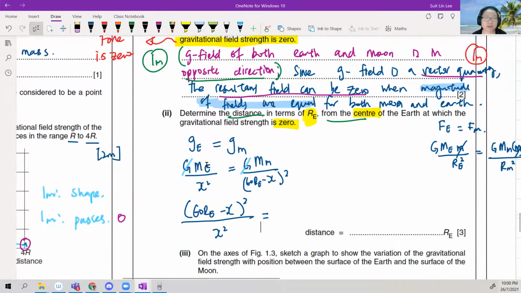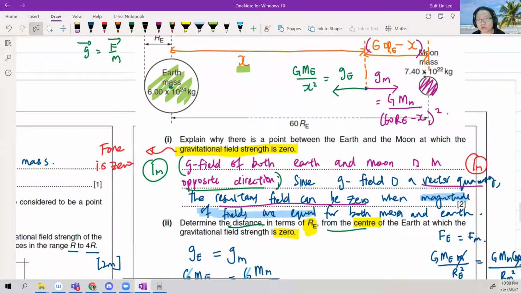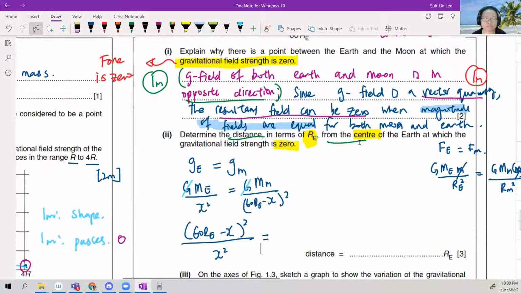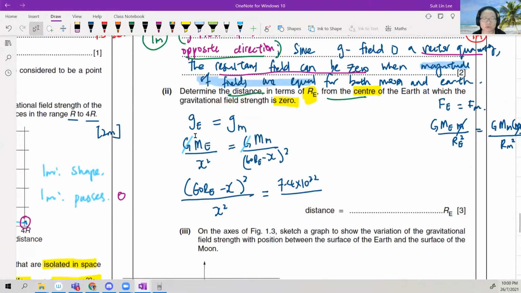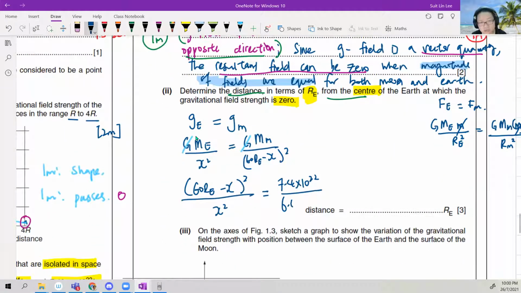Anyway, mass of the Moon is 7.4 times 10 to the power 22, mass of the Earth is 6 times 10 to the power 24. So if I press my calculator, I want to keep fractions first at this point because I'm not yet at my final answer.